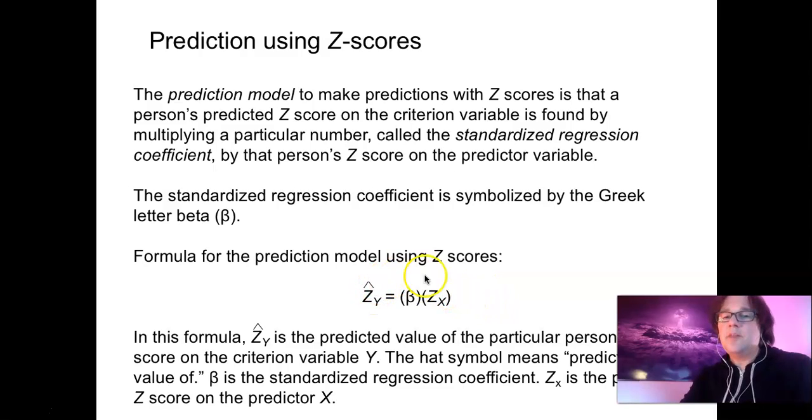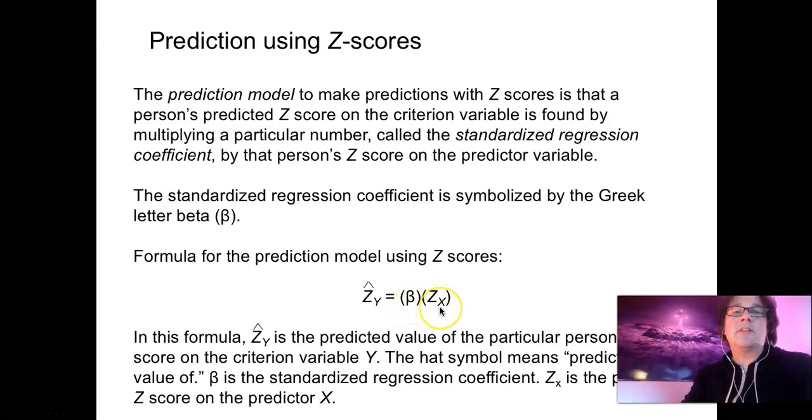So again, this might seem more complicated than it is because we're working with standardized scores. If these were raw scores, you could just think of, okay, we're going to take somebody's score on x, multiply it by some value beta, and we'll get a predicted score on the y variable. That's kind of easier to understand, right?